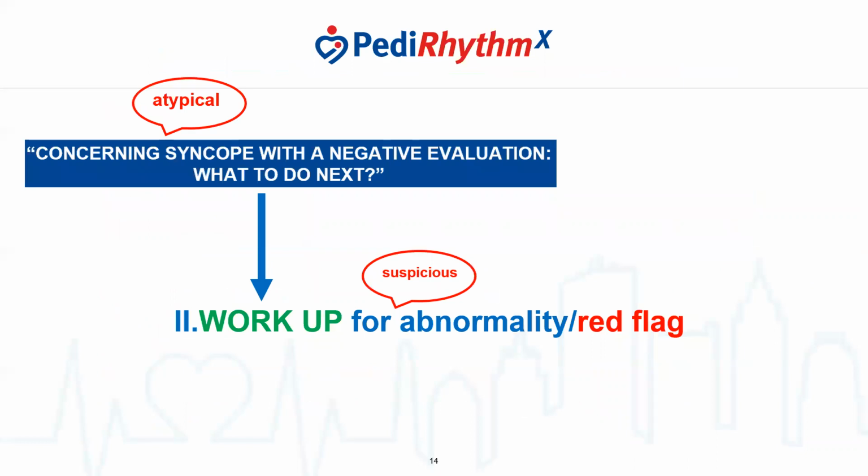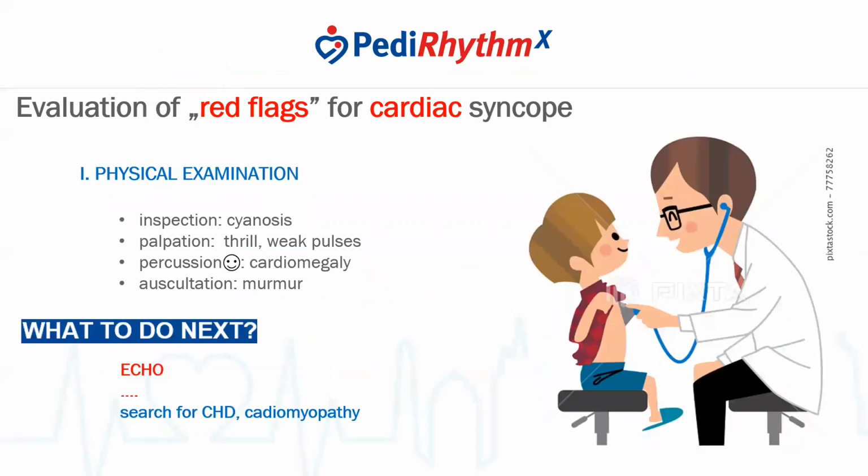Regarding the evaluation of atypical syncope, the next step is workup for suspicious basic evaluation abnormality. If the suspicion of congenital heart disease arises, echo is the next step, searching for structural abnormality.